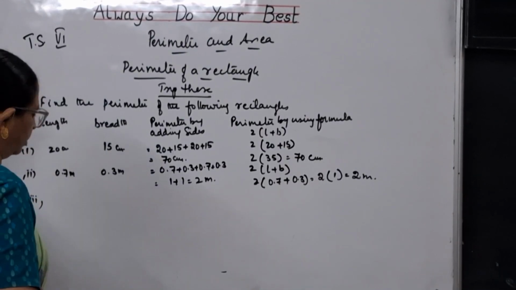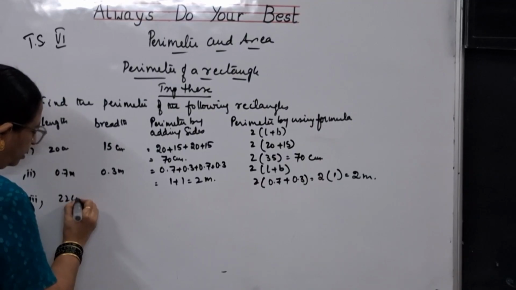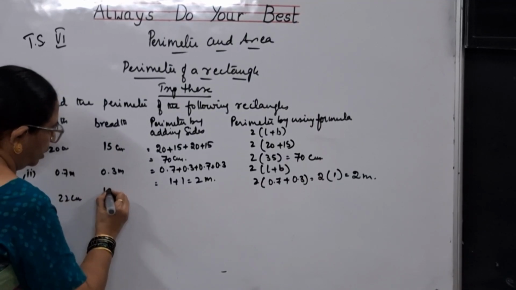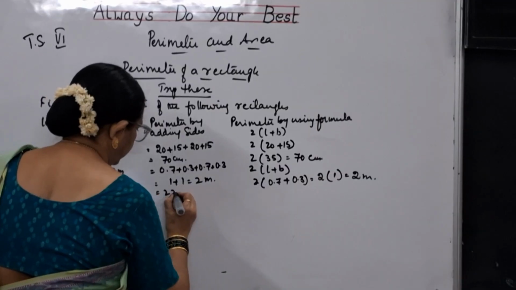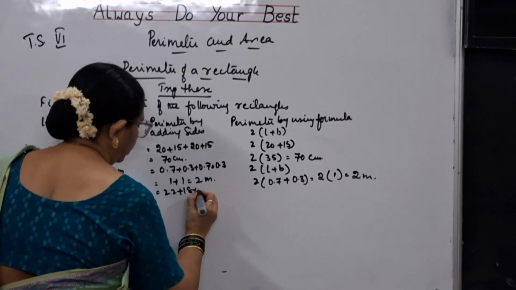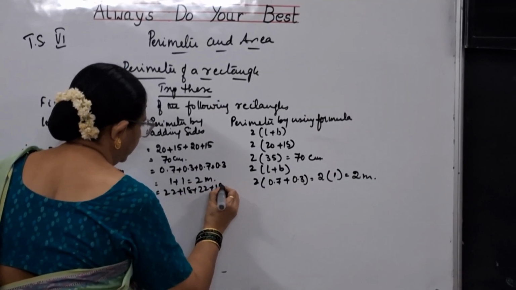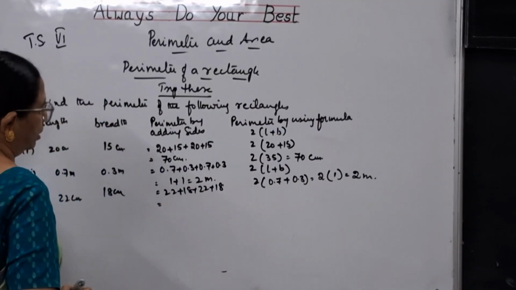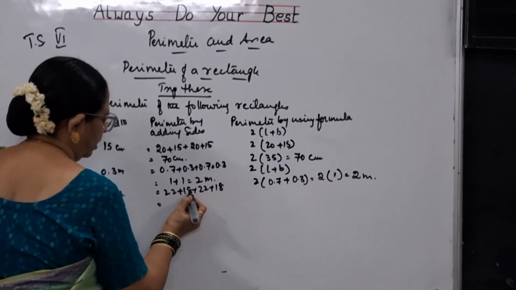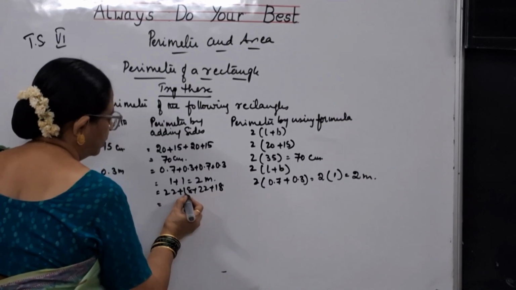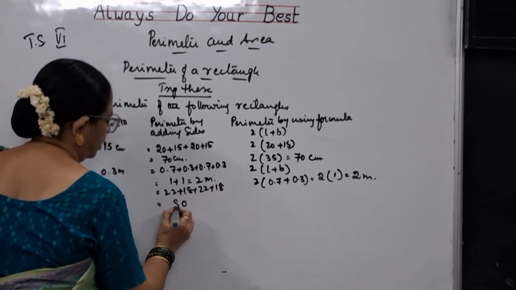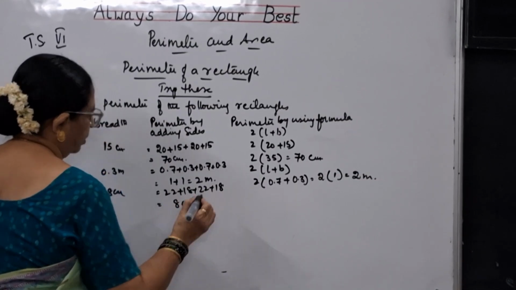Now the third bit, 22 centimeters and 18 centimeters. So here how will you write? 22 plus 18 plus 22 plus 18. That is 80 centimeters you are getting.